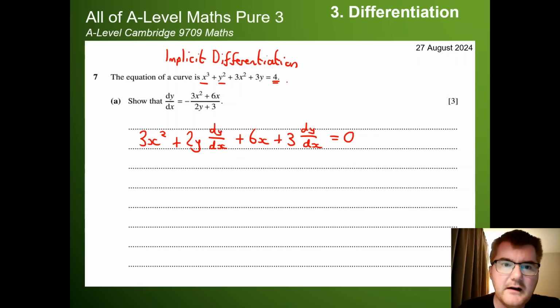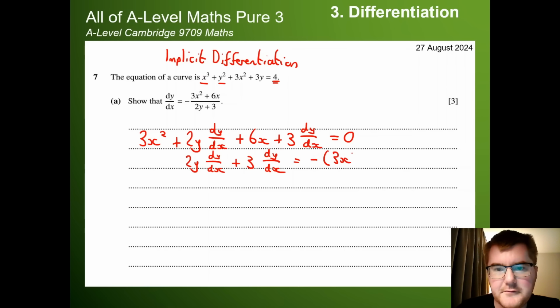At this point, I'm going to put all the x's on the other side and leave the y's where they are. So 2y dy by dx plus 3 dy by dx is equal to, and we'll take out a minus out of both, so 3x squared plus 6x. And now I can factorize with dy by dx because they're shared.